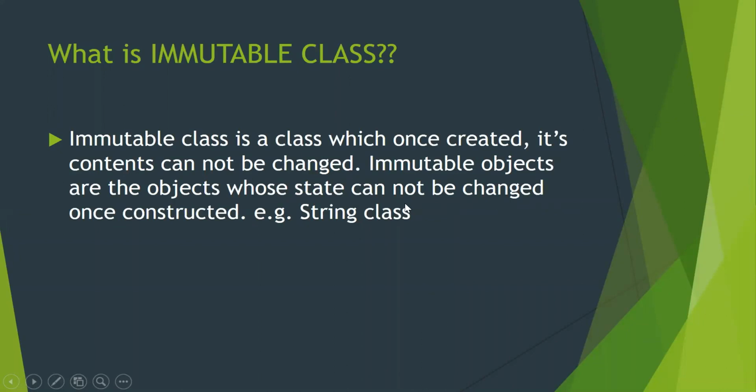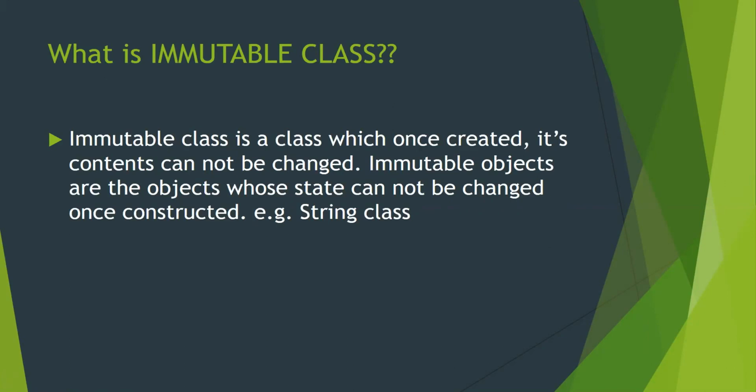What is an immutable class? An immutable class is a class which, once created, its contents cannot be changed. What it means is, suppose I have a class Employee which has three properties: employee ID, employee name, and employee salary.